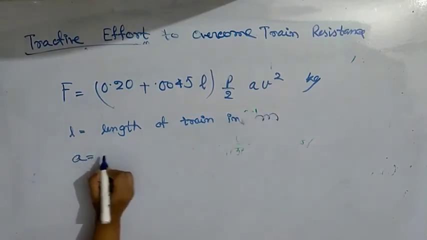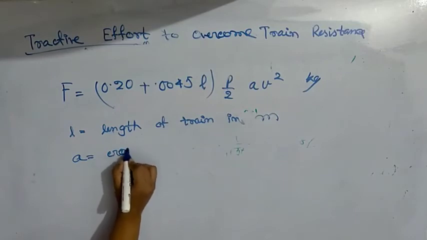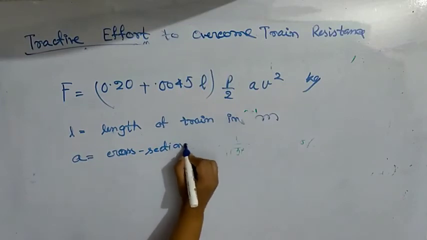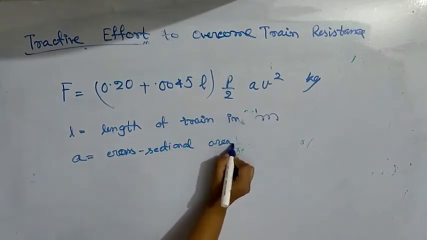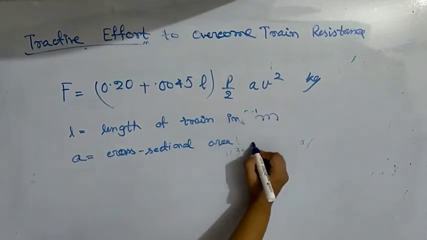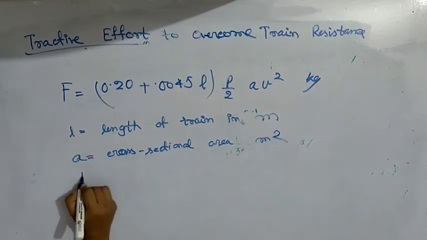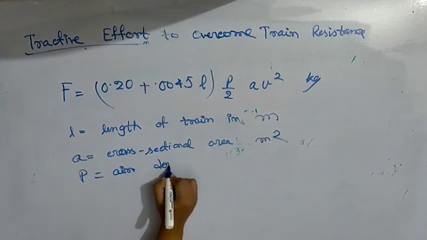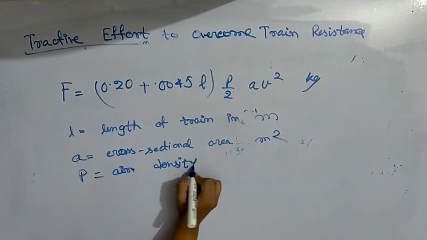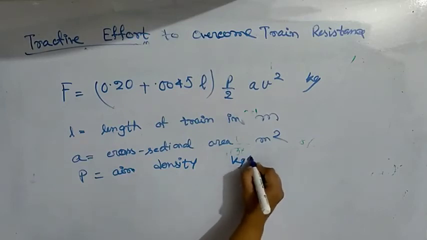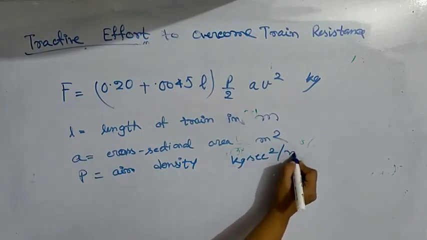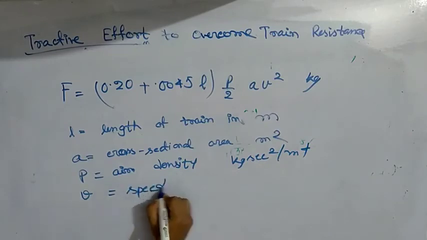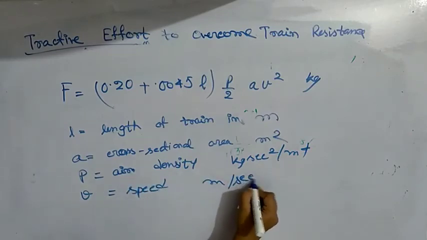A is the cross sectional area in meter square. P is the air density in kg per second square per meter to the power 4. V is the speed of the train and the unit is meter per second.